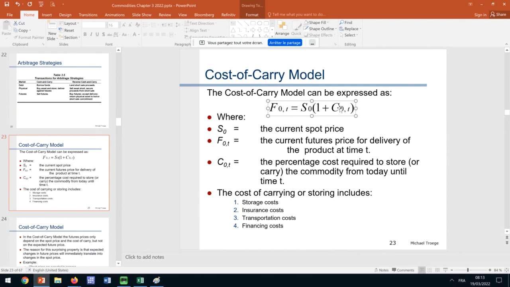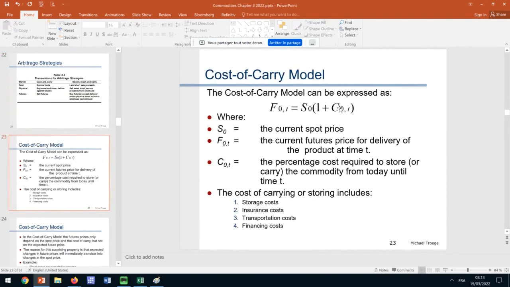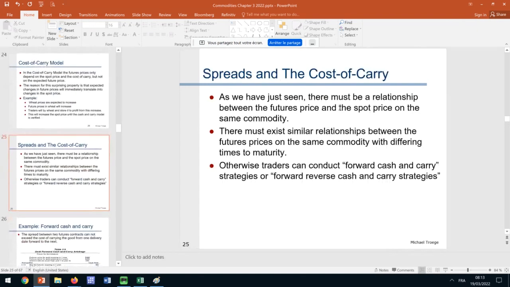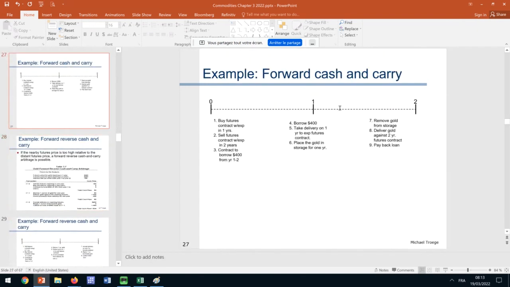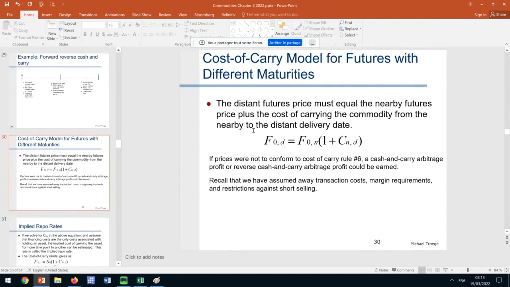So that was the conclusion from, we didn't do that yesterday, we stopped here, but it's pretty obvious that's the conclusion from the standard cost of carry relationships, where we establish a relationship between future and spot prices. And then the forward cash and carry and forward reverse cash and carry strategies will give us a relationship between two future prices.